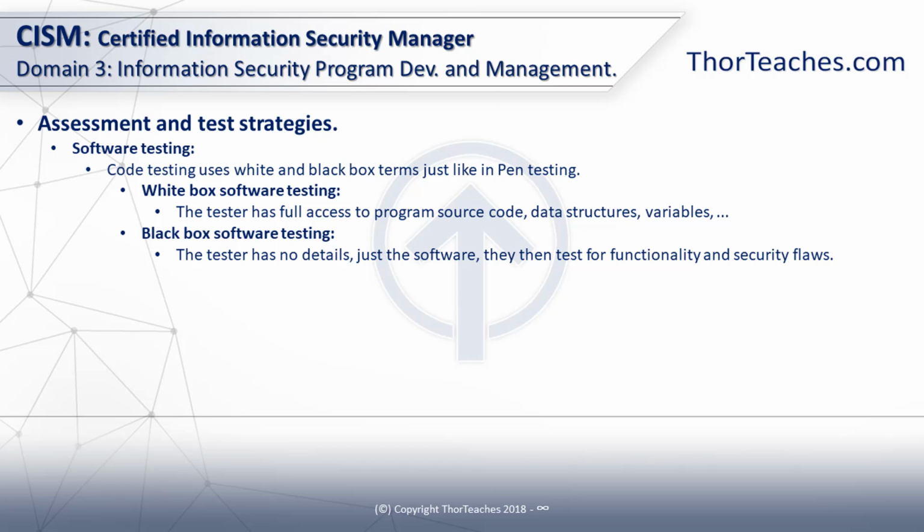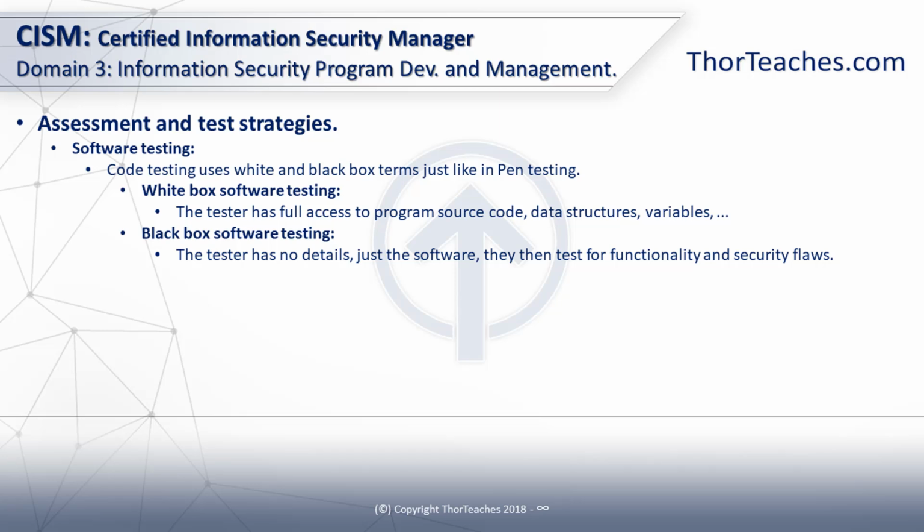And in our software testing, we use some of the same terms that we use in our penetration testing: white box, black box. And they kind of mean the same, except for software testing. In white box software testing, the tester has full access to the source code, the data structures, the variables, everything they need to see the entirety of the software. Whereas in black box testing, they have no details.